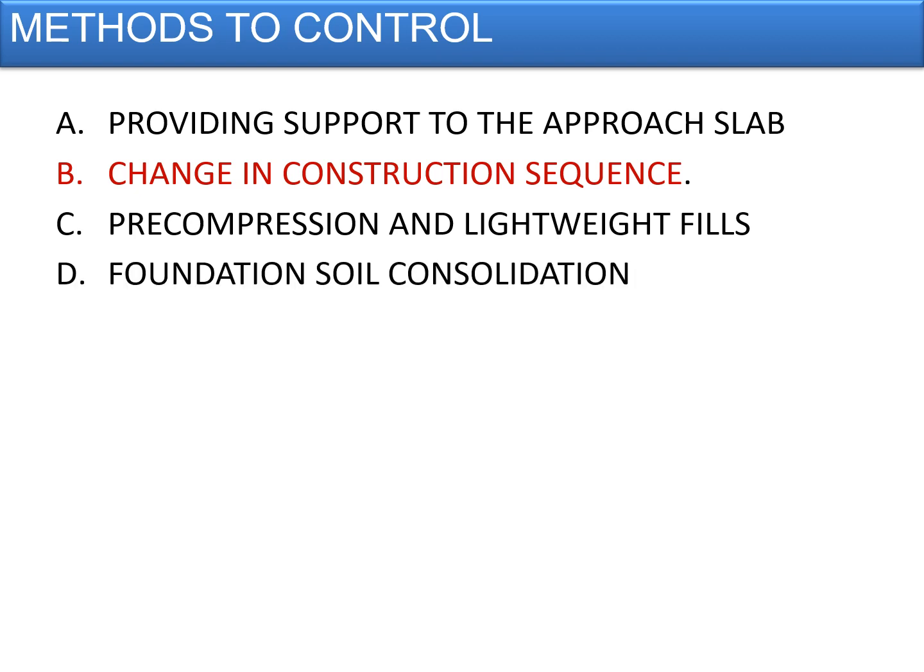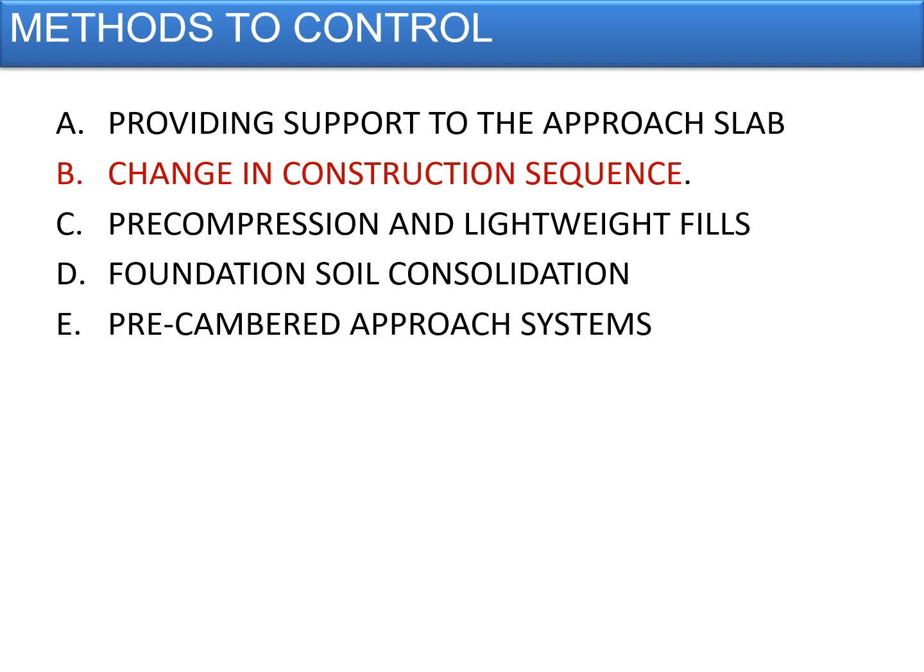Then the other methods which can be used are foundation soil consolidation, pre-cambered approach systems, or approach fill stiffening. These three methods are discussed in detail in part 2 of how to control the approach slab settlements.